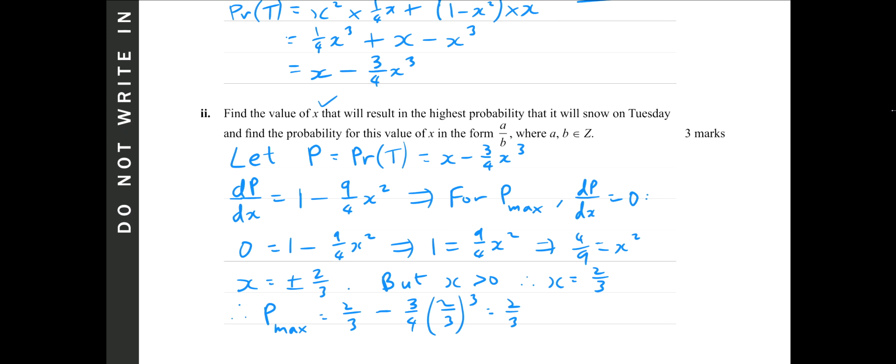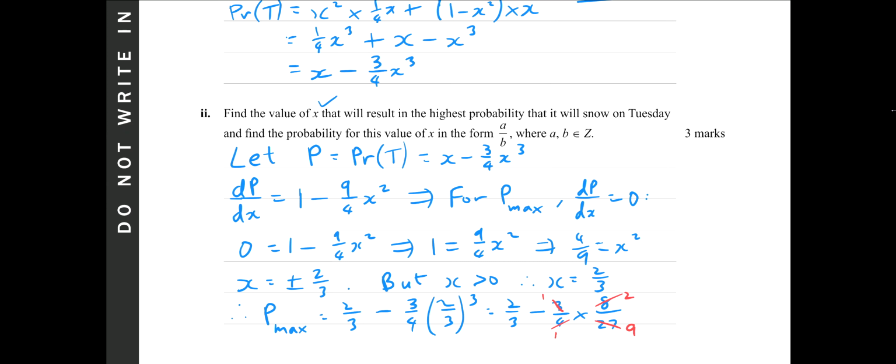So that's 2/3 minus 3/4 times 2 cubed is 8 over 3 cubed is 27. So now we can do some cancelling. The 4 and the 8 become 1 and 2, and the 3 and 27 become 1 and 9.